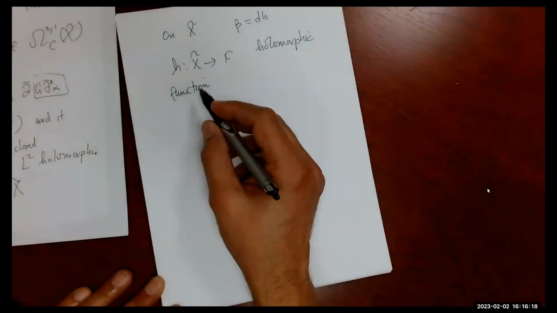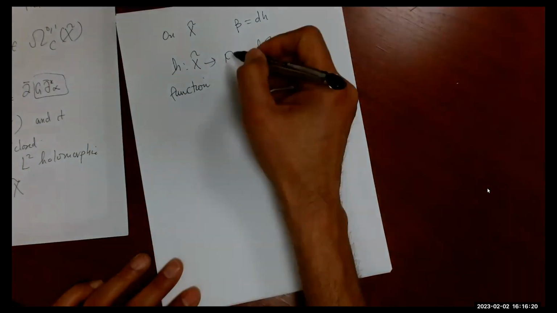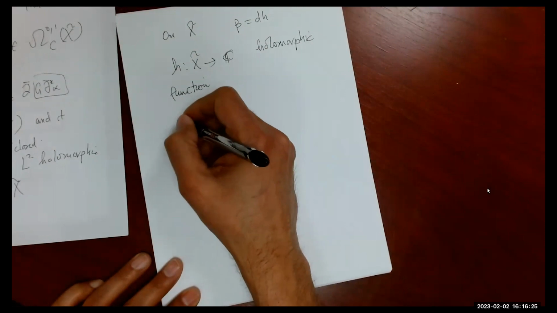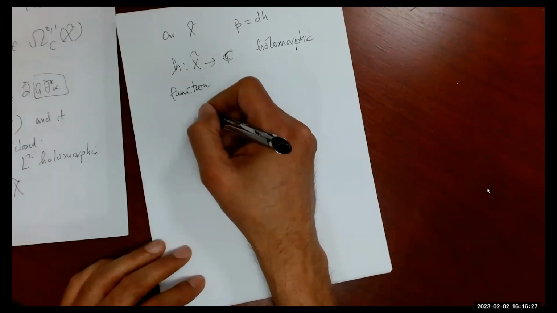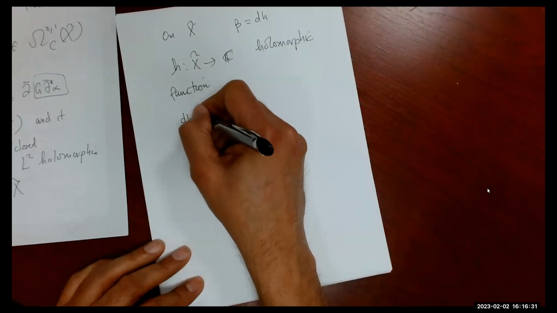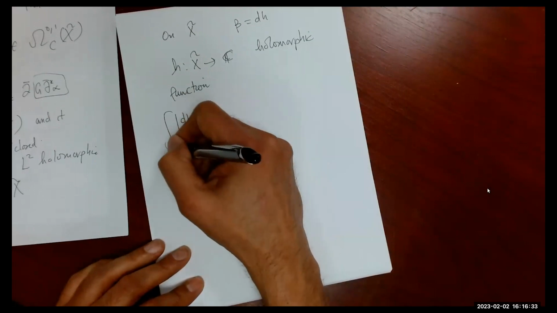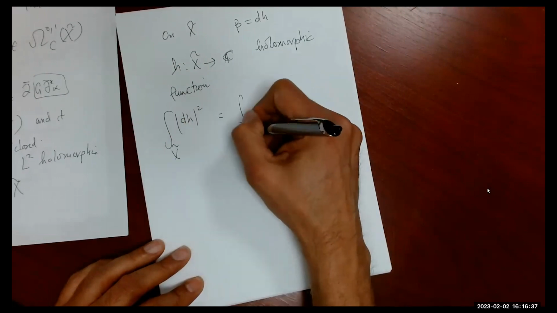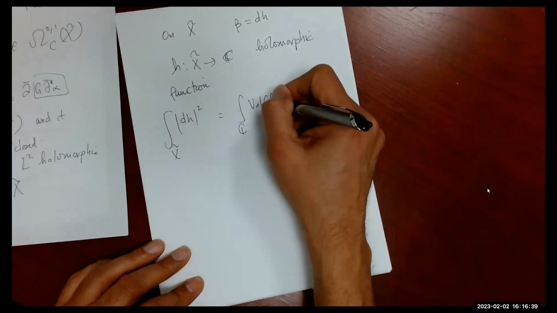So the main observation of Gromov is that because DH is in L2, if you compute the integral of DH squared, it turns out to be just integrating over C the volume of the fibers.